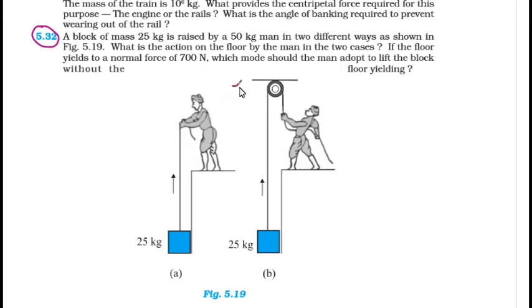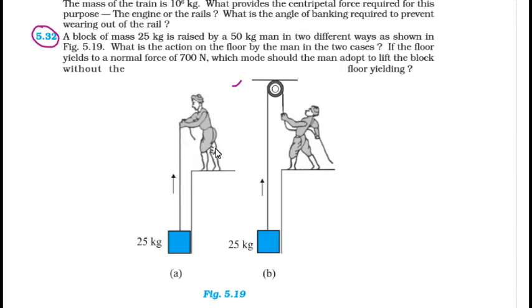What is the action on the floor by the man in the two cases? If the floor yields to a normal force of 700 Newton, which mode would the man adopt to lift the block without the floor yielding?